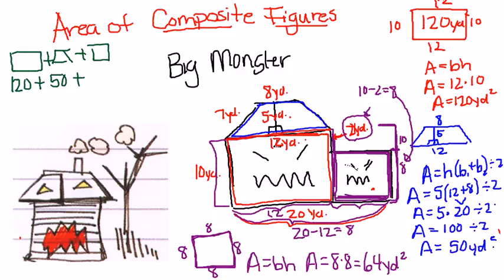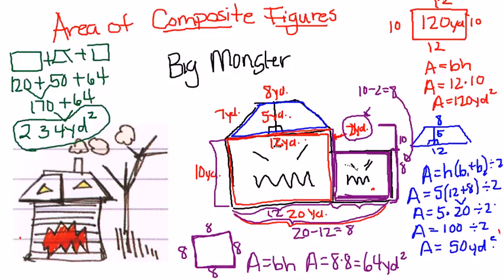And the square was 64. So if I add all these together, I'll do snow cones because that's a little bit easier to do here. And then finally add this together, I'm going to have 4 and 13, carry 1, 234 yards squared is our total area of our big monster house.